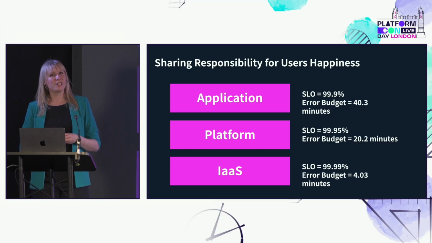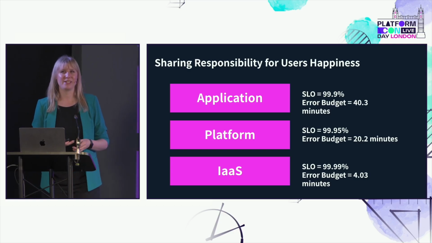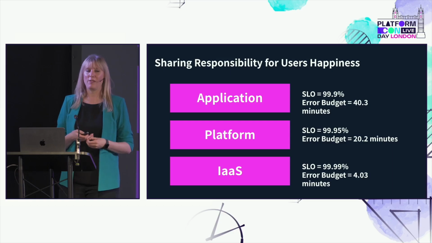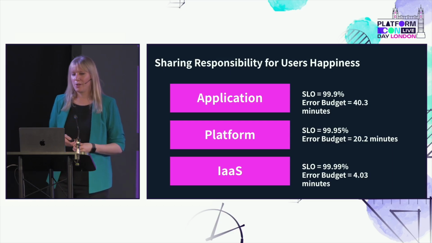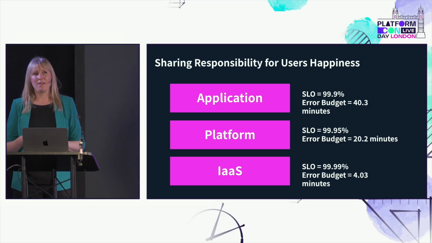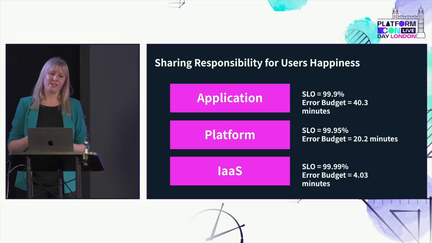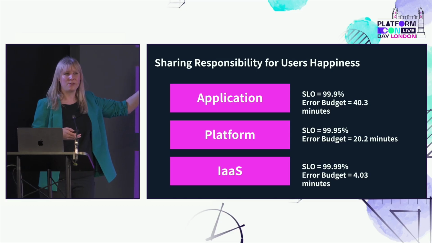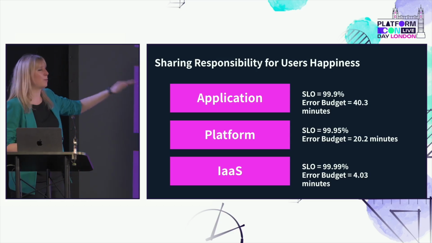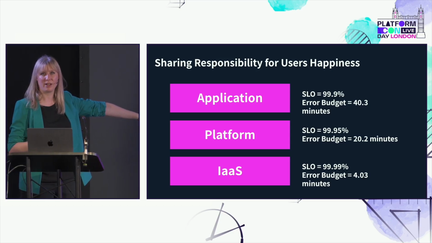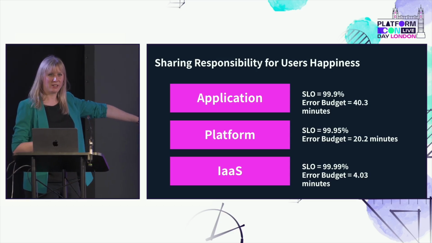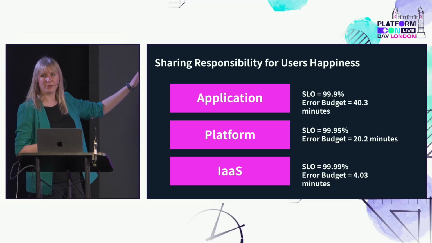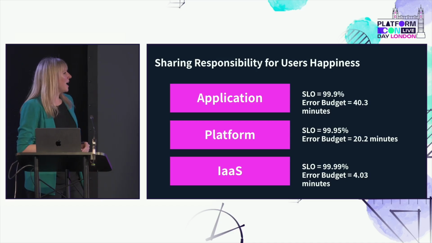If your users are experiencing an outage, you have a problem. And so when you're reasoning about error budgets, you cannot do it in isolation. You cannot build an application that's serving customers at 5 nines of reliability if your platform team is only promising 3 nines. You simply can't do it, because any issue for the platform is going to impact their users.